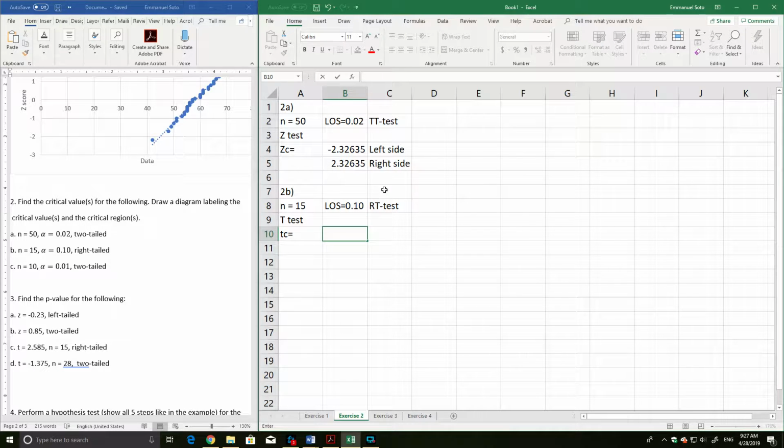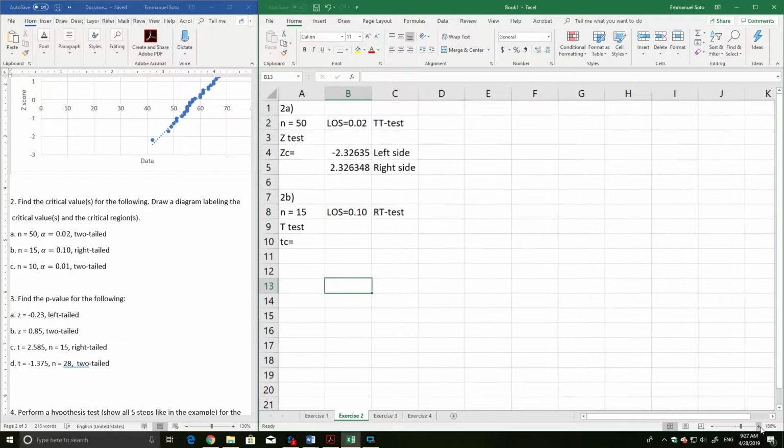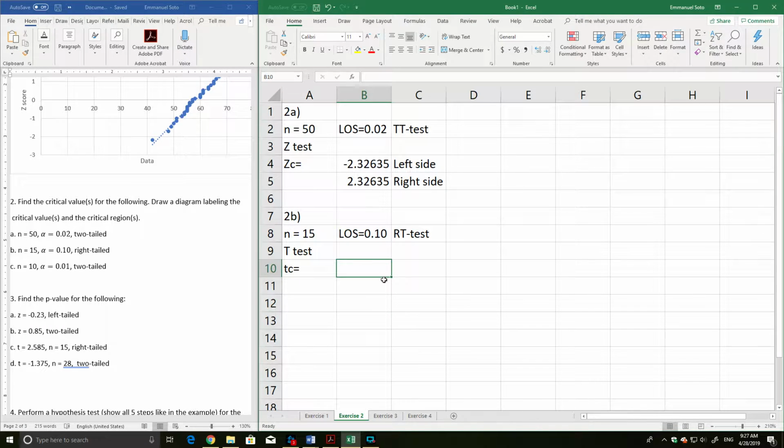To do a t critical value, you're going to be using the T.INV function. I'll make this a little larger so you can see what I'm talking about. Down here there's a T.INV.2T, but if we're just doing one tail, just leave it like that.